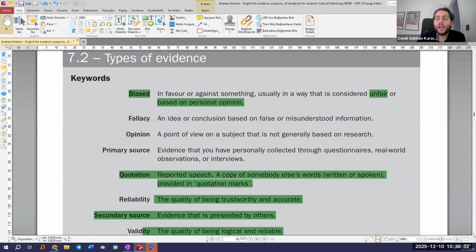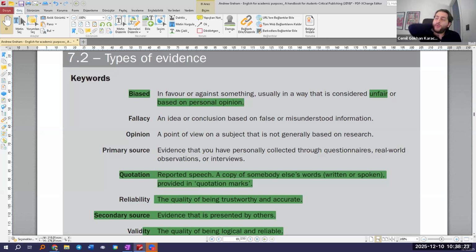So we have some keywords before we start. Evidence is a kind of proof, maybe some statistics, observation, anecdote. It's something that you have taken from another source.